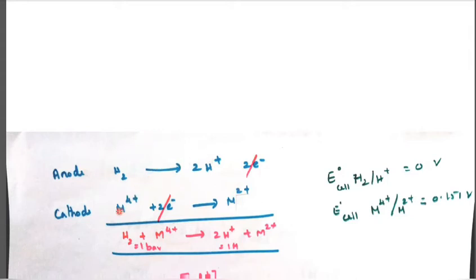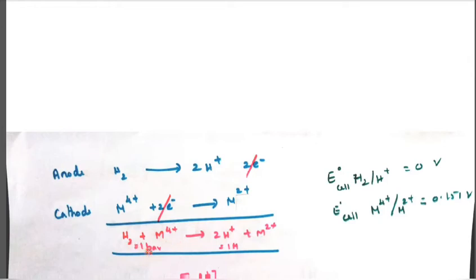If a species is on both the product side and reactant side, we cancel it. So here the 2 electrons on the product side and the 2 electrons on the reactant side cancel. The remaining reaction is H2 plus M4 plus gives 2H plus plus M2 plus.